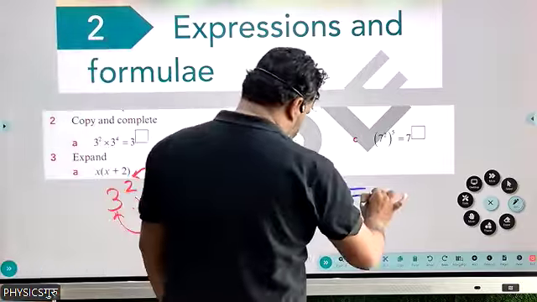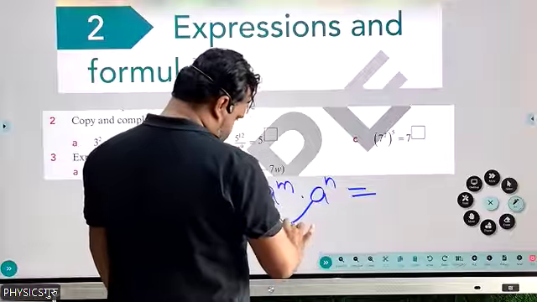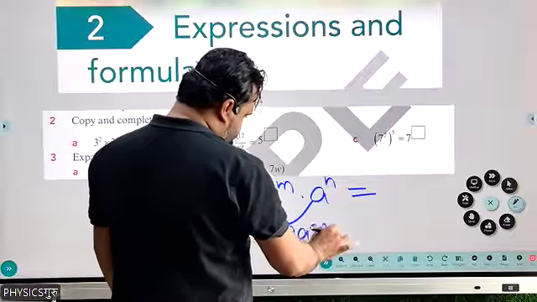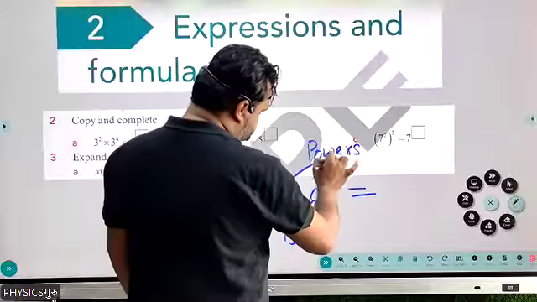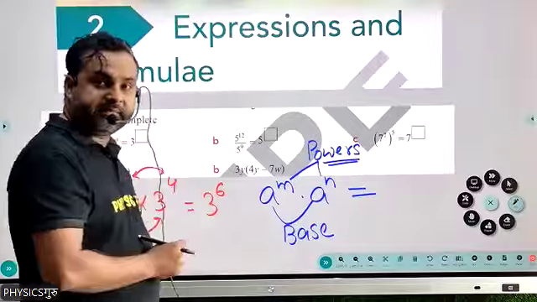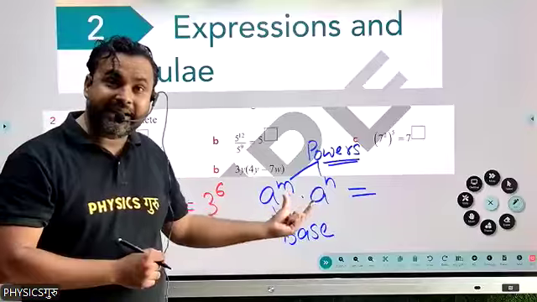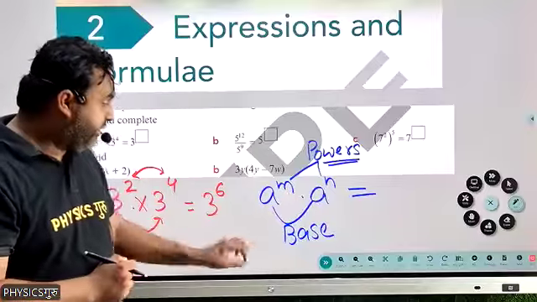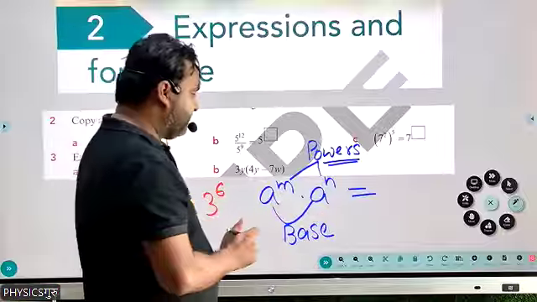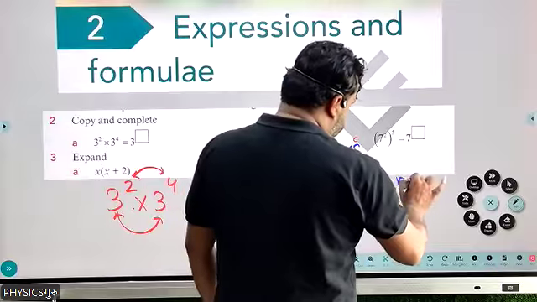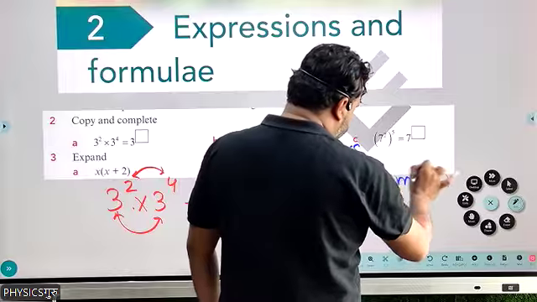So this is called the base, and m and n are called powers. A is base, m and n are powers. So if base is same, simply add the powers. So a raised to the power m plus n.